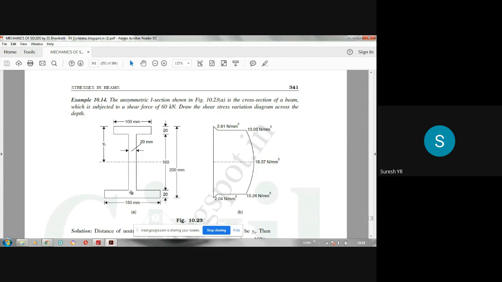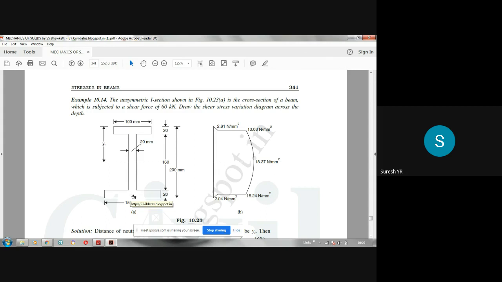What is the area below this level? 150 into 20. So 150 into 20 is the small a value. Y bar is the location of the centroid of this area from the neutral axis.